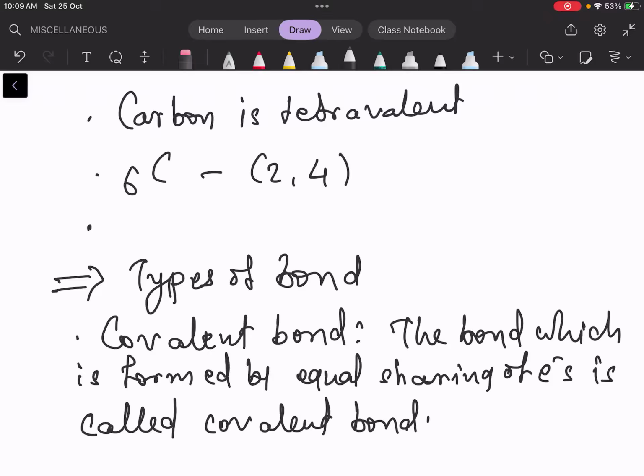Of course, there are further two types of covalent bond: polar covalent bond and non-polar covalent bond.